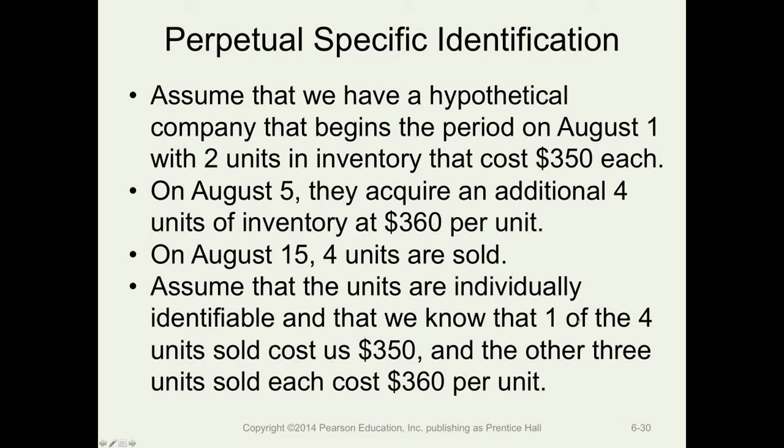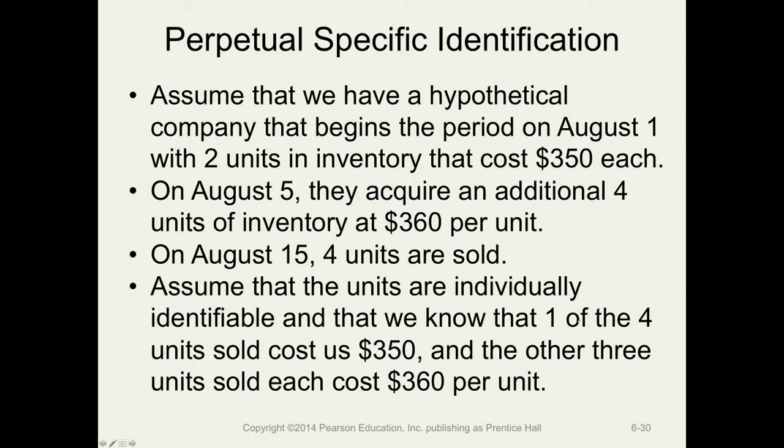We know we started with 2 units at 350, and then we had the acquisition of 4 units at 360, and then we had some units sold on August 15th. Now the question is, where do the units sold come from? And the assumption is that the units sold, well, one comes out of beginning inventory and the other 3 come out of the purchase on August 5th.